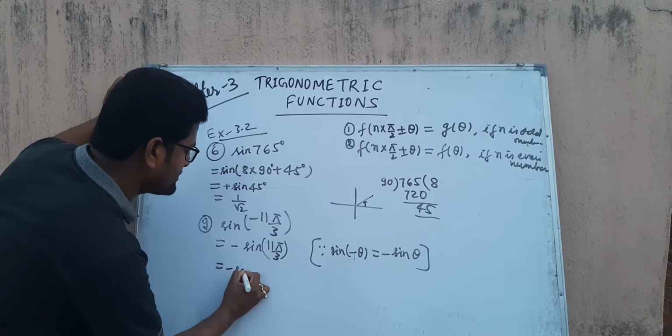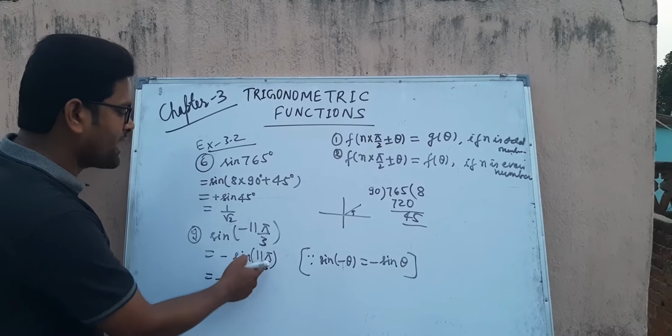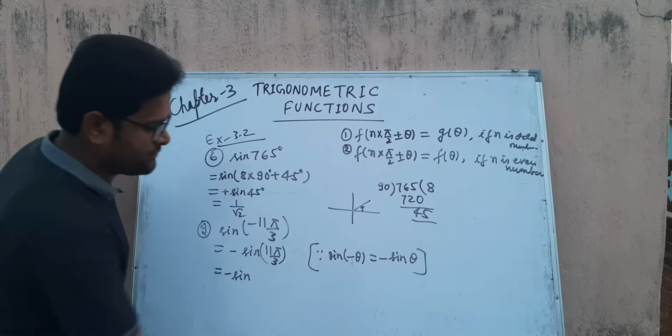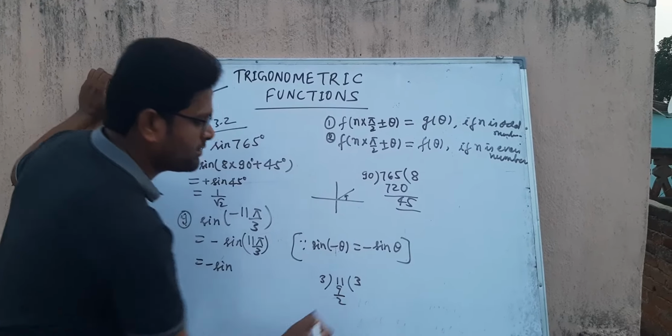Now minus sine, how will you explain it? It is in radians, so try to divide 11 by 3. What will you get? 3 3s are 9, remainder 2.